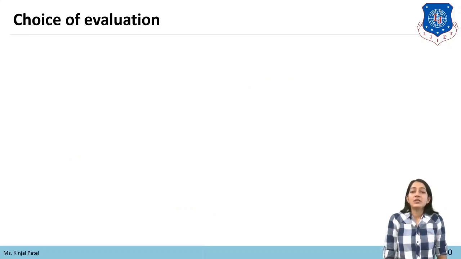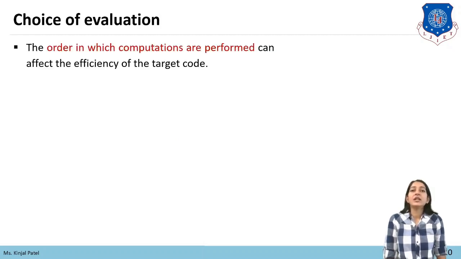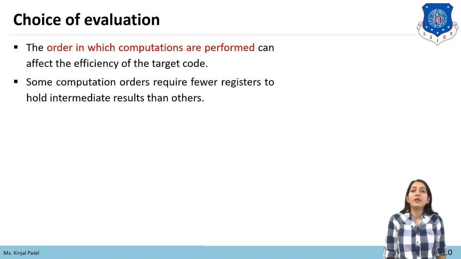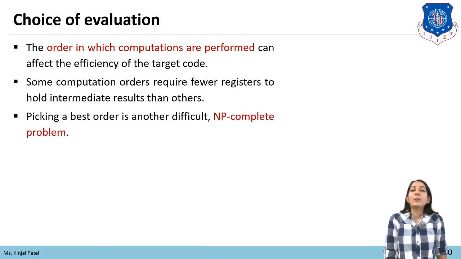Now the sixth issue is choice of evaluation order, meaning the order of the instructions. The order in which computations are performed can affect the efficiency of the target program. Some computation orders require fewer registers to hold intermediate results than others. So picking the best order is another difficult NP complete problem.